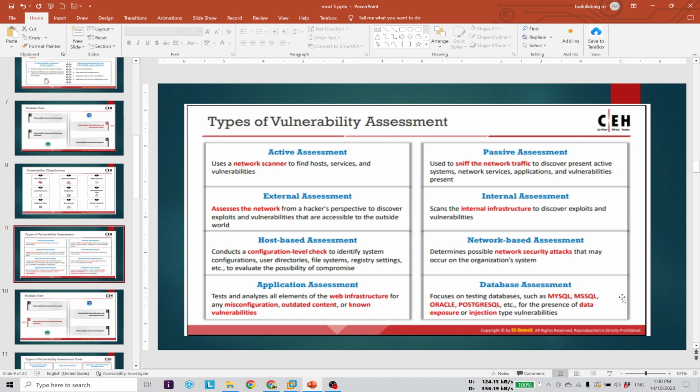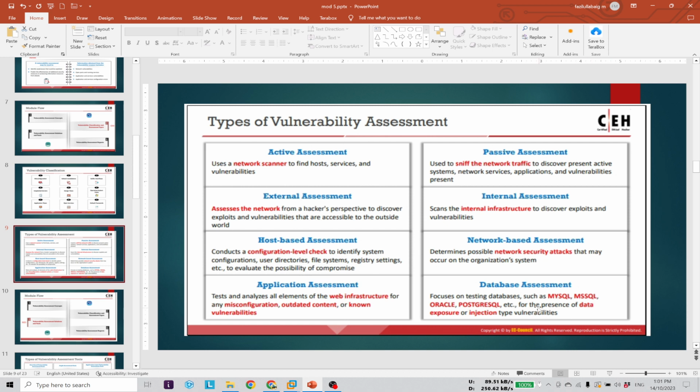So what is next here is database assessment. It focuses on testing databases such as MySQL, MS SQL, that is Microsoft SQL, where SQL is structured query language, and Oracle.